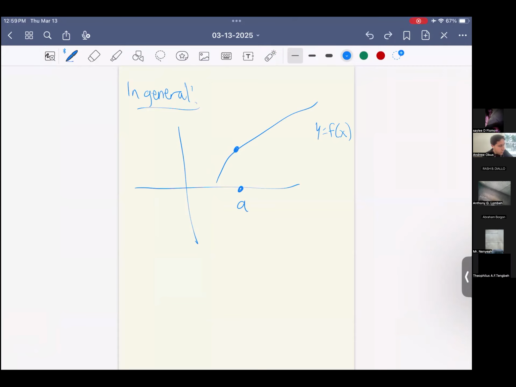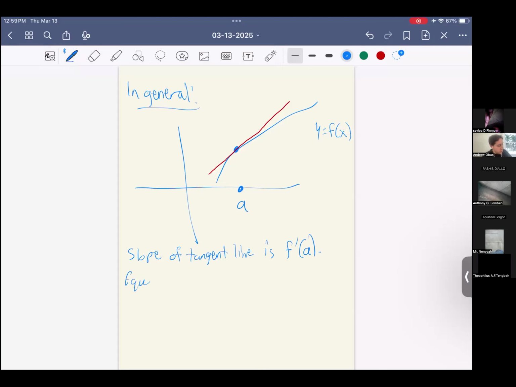If I draw the tangent line to the graph at A, then we know that the slope of the tangent line is f prime of A. That's what the derivative is.